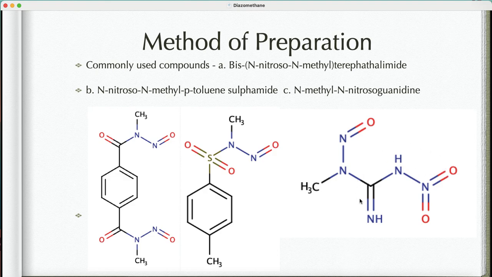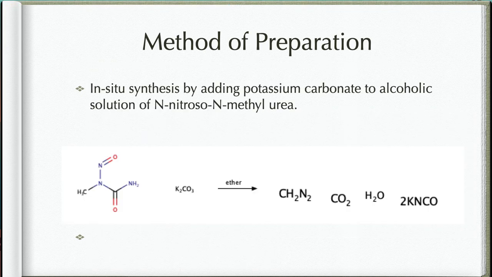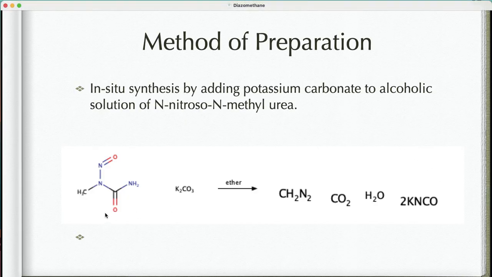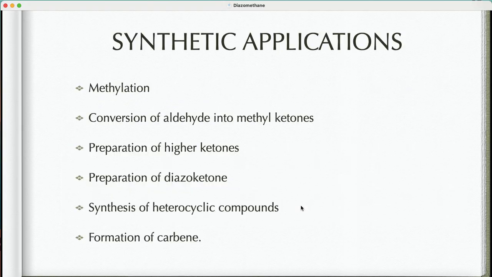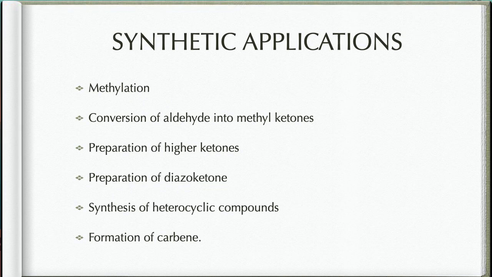From these three different compounds, we can synthesize diazomethane. As we know, diazomethane is toxic, so it is synthesized in situ by adding potassium carbonate to the alcoholic solution of N-nitroso N-methyl urea. It forms diazomethane.